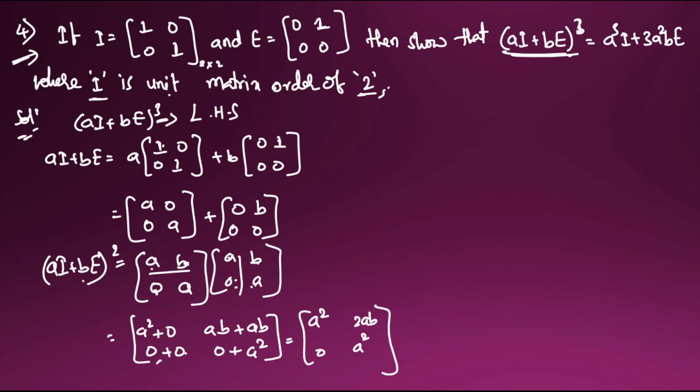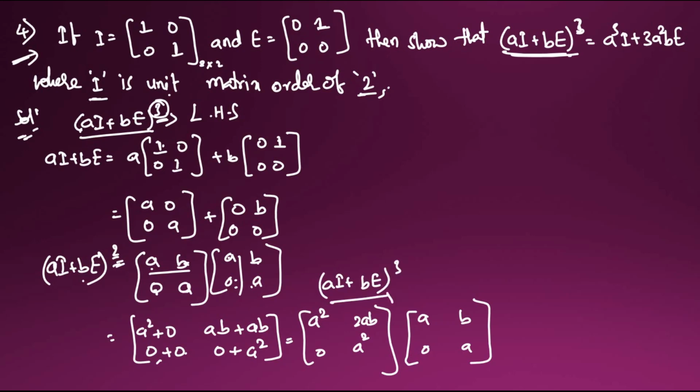Again we have to find A cube, so this total cube we have to find. Already we did the square here, we got the value of this one. Again we have to multiply with A B 0 A, so it will become (AI plus BE) whole power of 3 here.